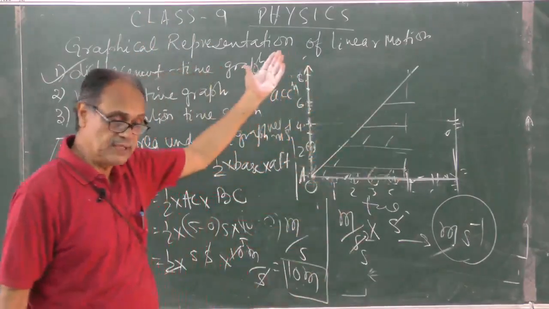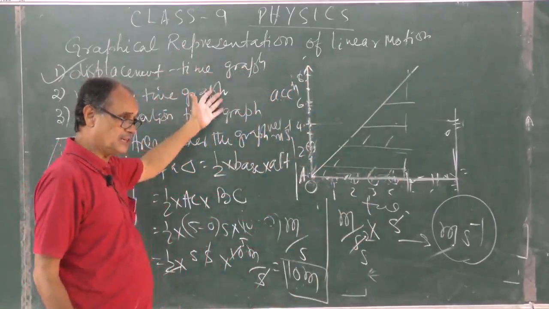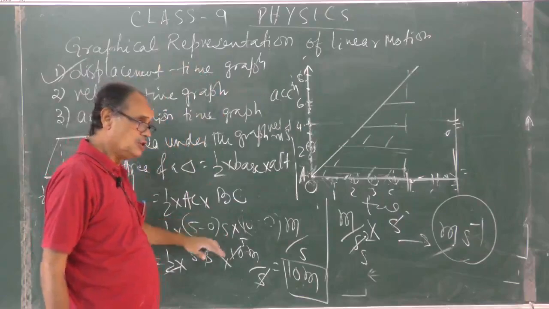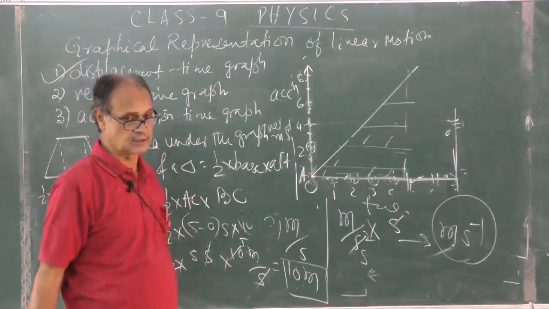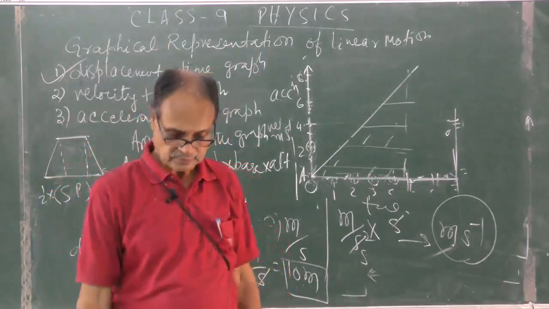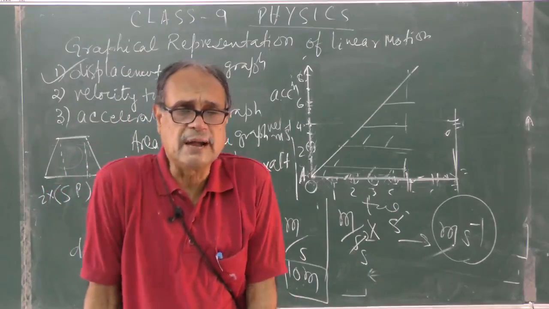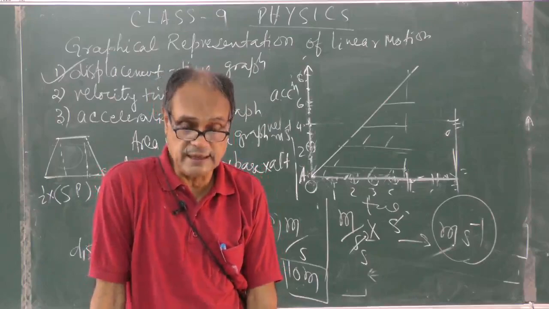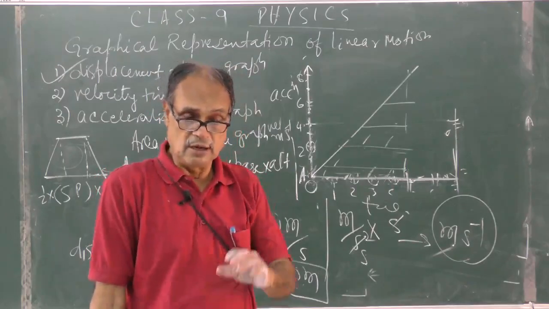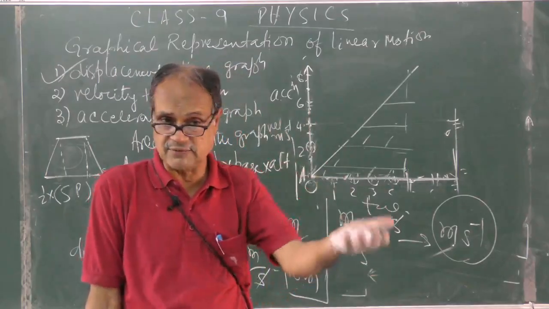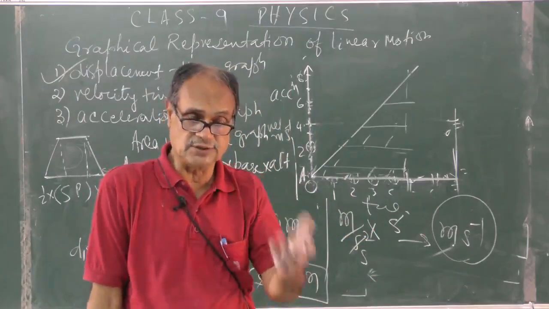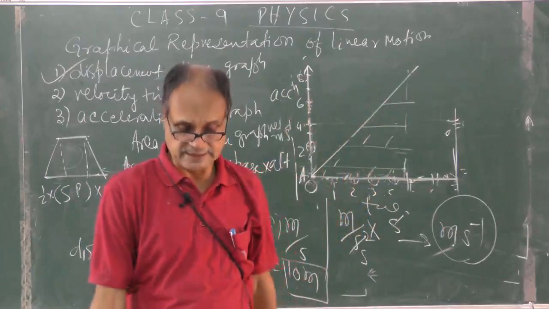Because we came from displacement to velocity time, from velocity time to acceleration time graph. You go in the opposite direction. Mind that it will not be uniform, it will be a non-uniform acceleration. From there you will get the velocity time graph, and from non-uniform velocity time you will get the displacement time graph.